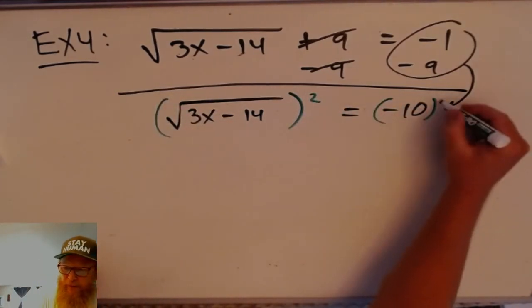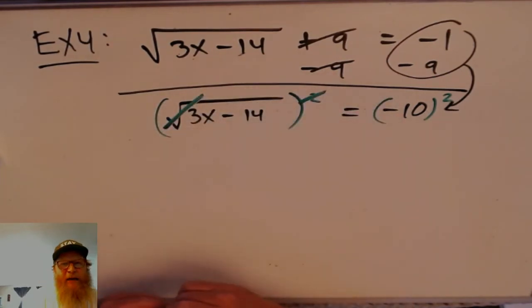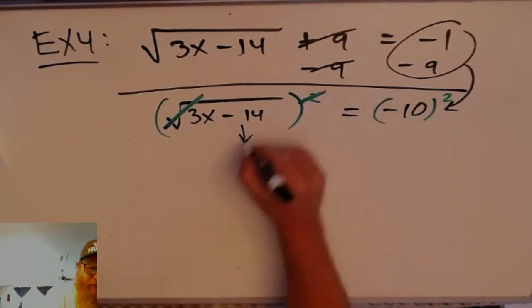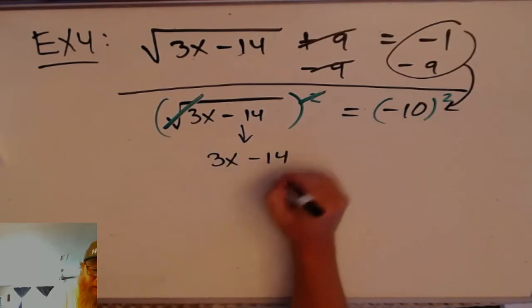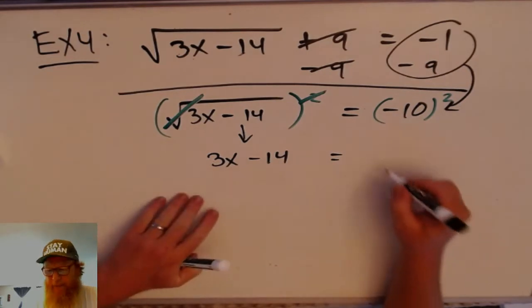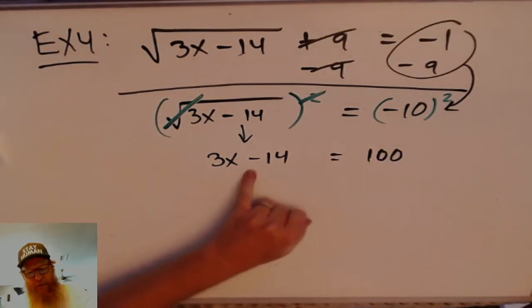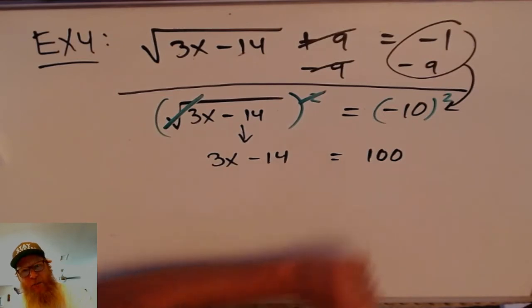All right. So you're going to square both sides. It's going to extract the root. And now we'll deal with the 3 and the 14 after we've extracted it. Okay, so I got 3x minus 14 is equal to 100.